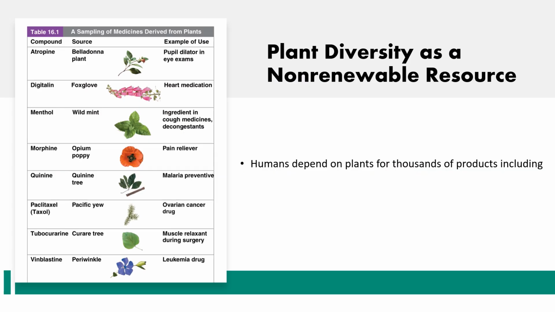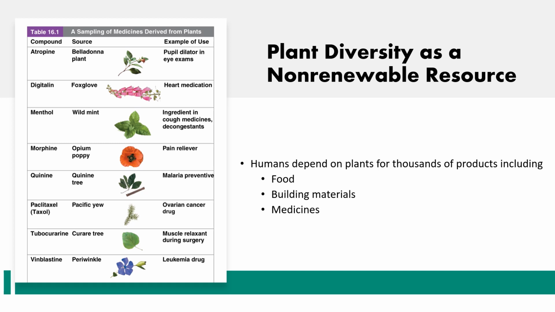So here are some examples of the different products that are derived from plants. So we talked about food and building materials before, and the medicines. And so here are a couple examples of the medicines. We have atropine, which is from the belladonna plant. And if you've ever been to the eye doctor and they've done a pupil dilator, that is what they derive that from.